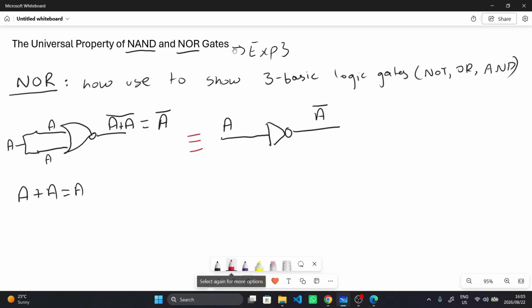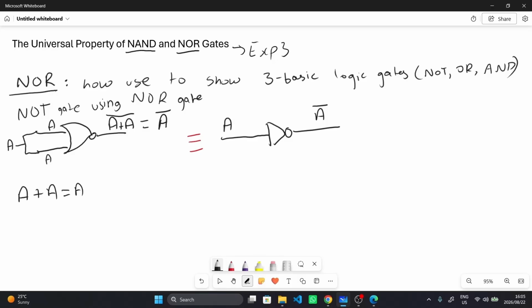So this is how we show the NOT gate using a NOR gate.